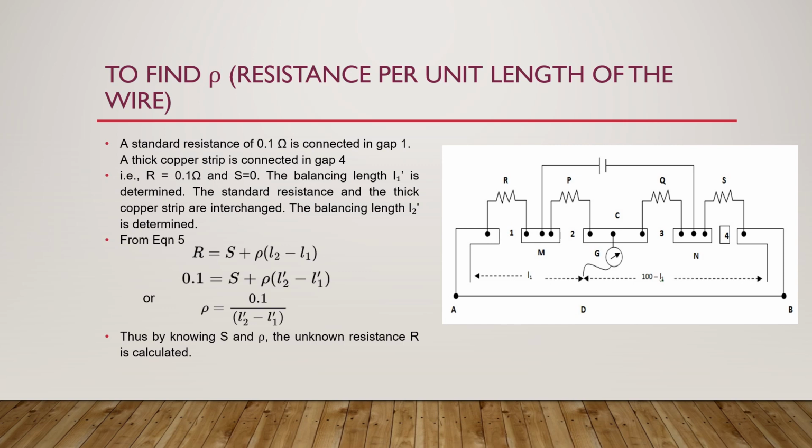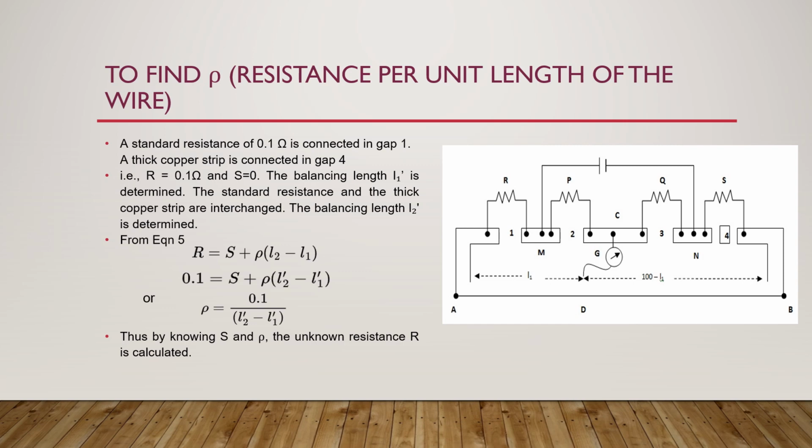Now the balancing length L1 dash is determined. Now the standard resistance and this copper strip are interchanged. The balancing length L2 dash is determined. We know from this equation that R is equal to S plus rho into L2 minus L1.